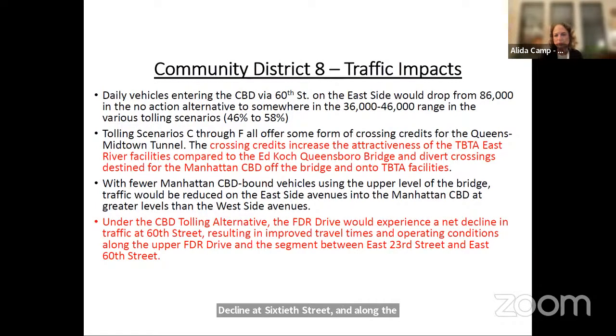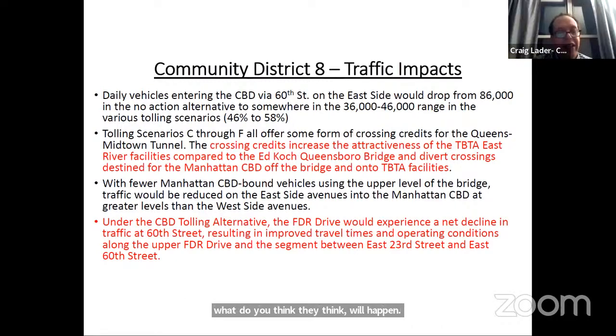So what do you think they think will happen when we get north of 60th Street? They didn't say anything on there. I think they were only looking at, I don't recall if they were looking at just below 60th Street or not, or if the implication was whether there would be no change or something else north of 60th Street, but I'd have to go back and check, and I apologize that I don't remember.